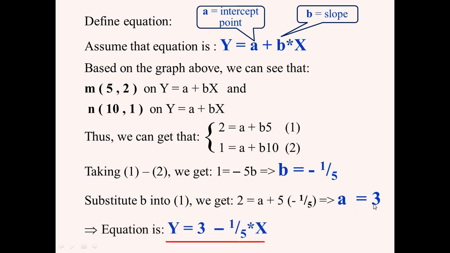So the equation is already found, by substituting B into this one and A into that one. That's why we got y equal to 3 minus, wow, this is plus. Why is it minus? Yes, plus multiplied by minus is minus. So y equals 3 minus 1/5 x.